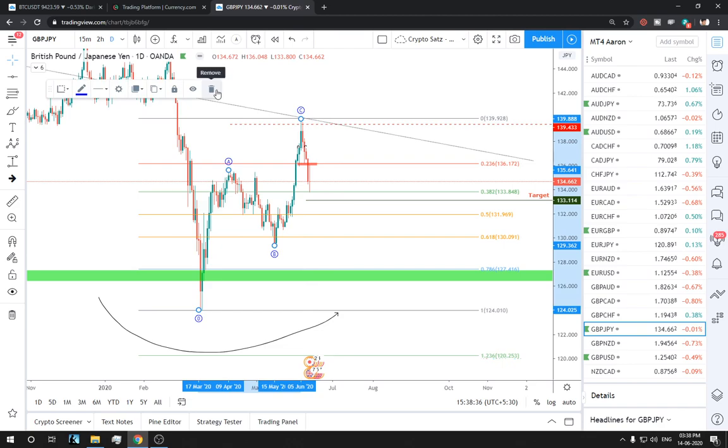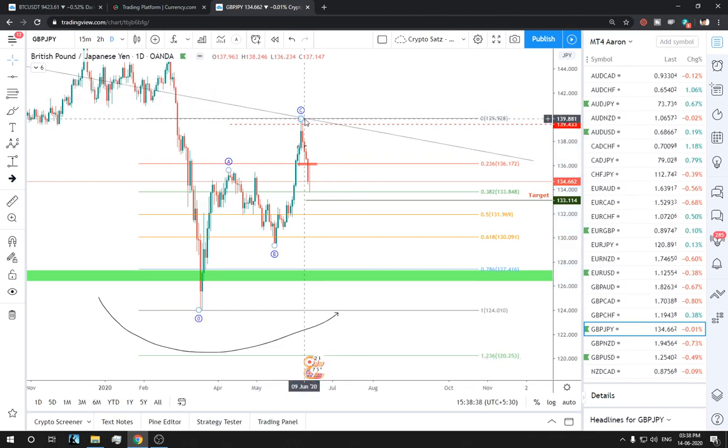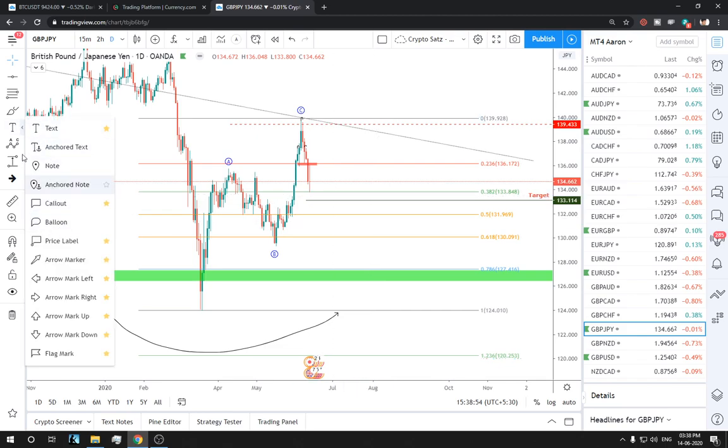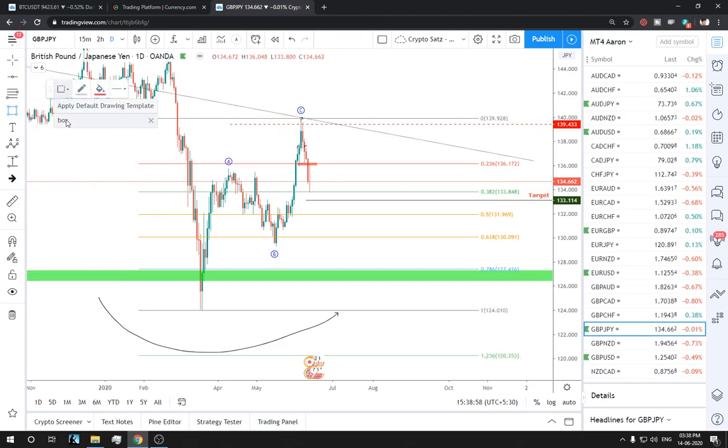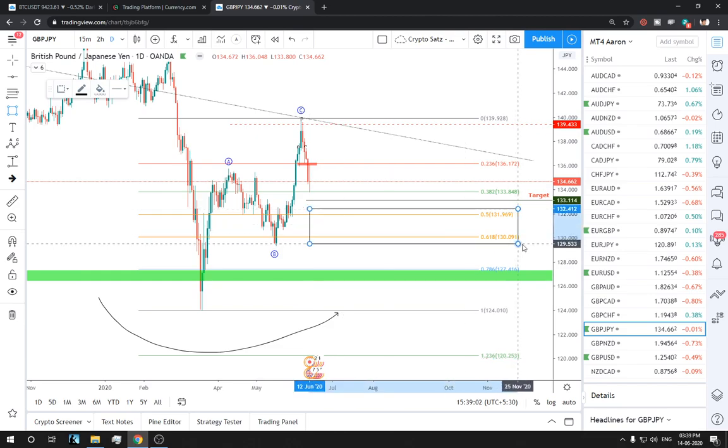I'll take this guy out. Okay, so possibly we are looking for an entry trace. So this is ABC, A wave. So we are looking for a B wave somewhere around this box.